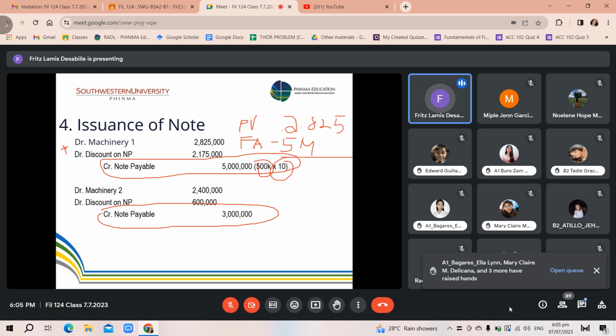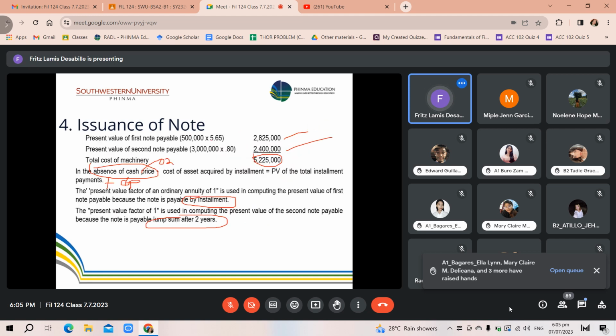The difference is 2,175,000. So that is the discount on note payable of 2.175 million, and the debit to machinery of 2.825 million, which is the present value of the note.